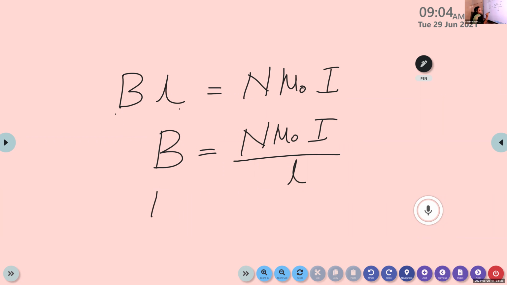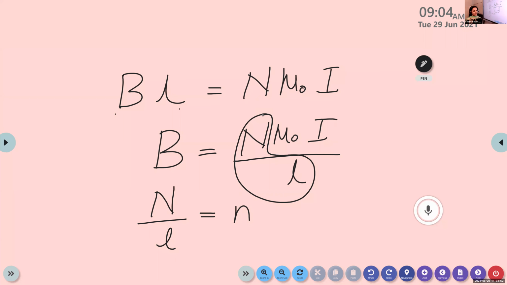Again, this number of turns per unit length is represented by another term, small letter n. We can call it the number density. So the N by L in this equation represents small n, the number density.